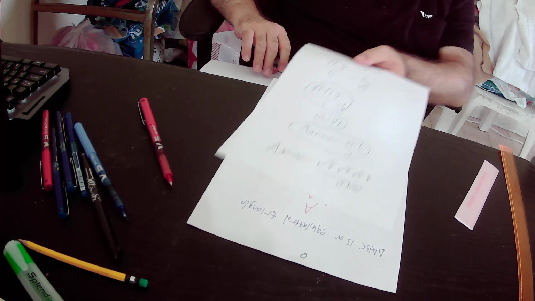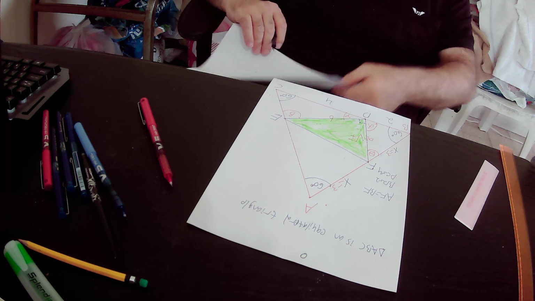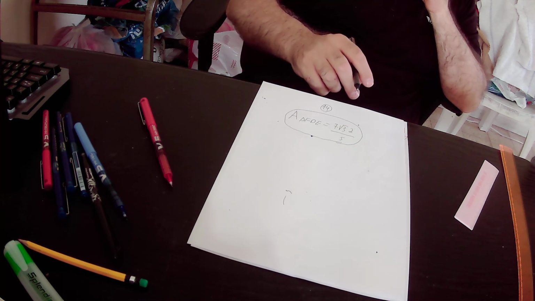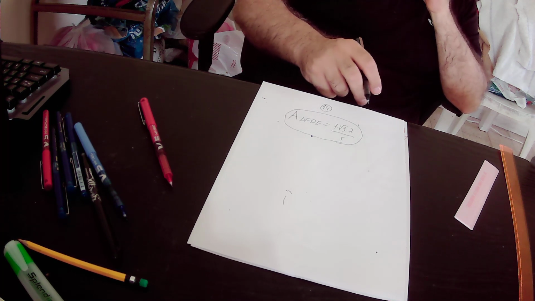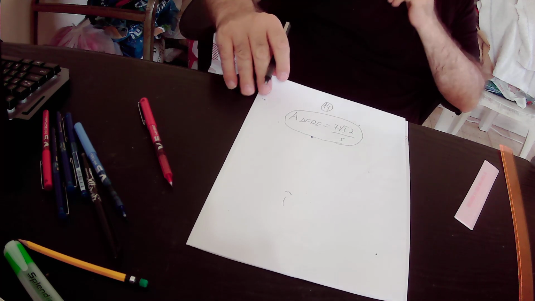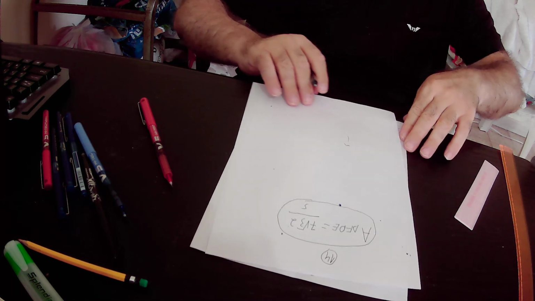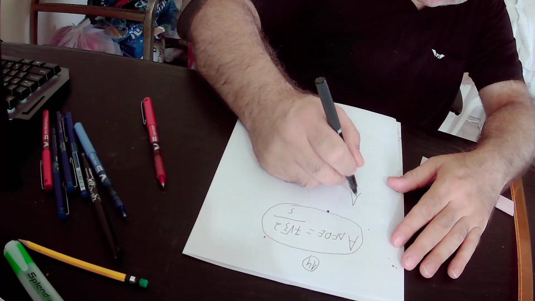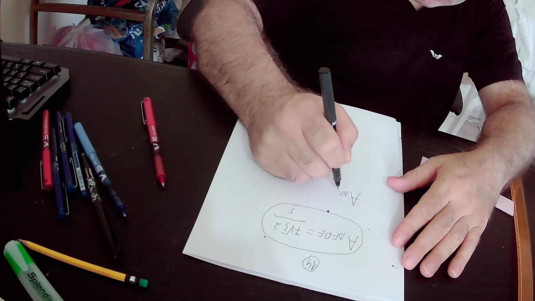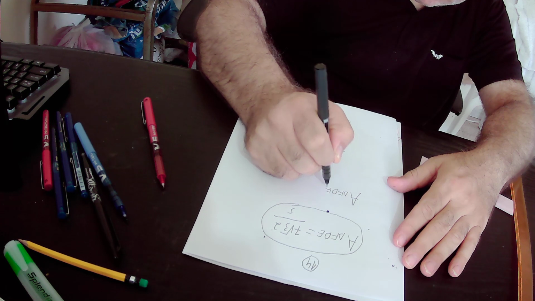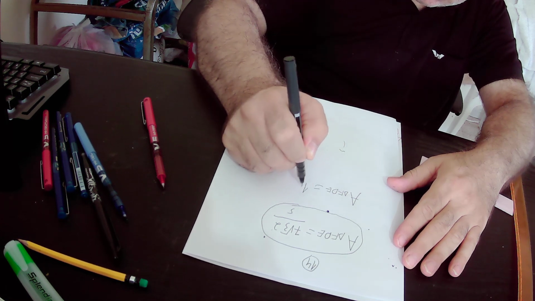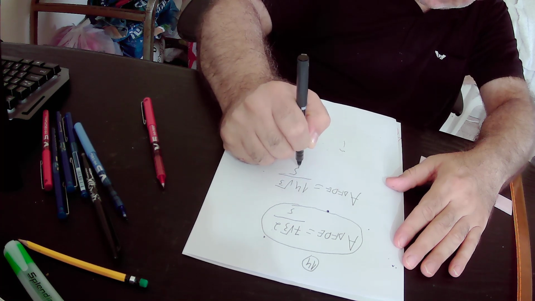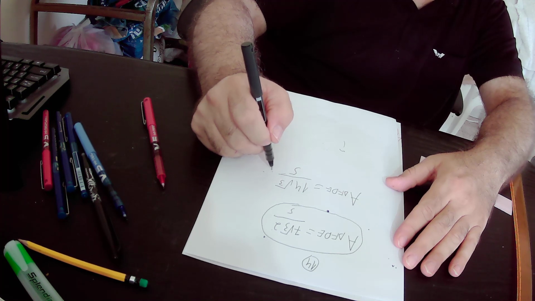So the area equals 7 times root 3 times 2 over 5. 7 times 2 is 14, so I write it down. The area of the green triangle FDE equals 14 times root 3 over 5 square units.